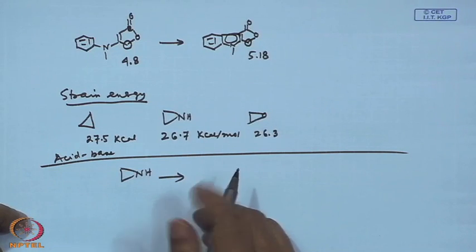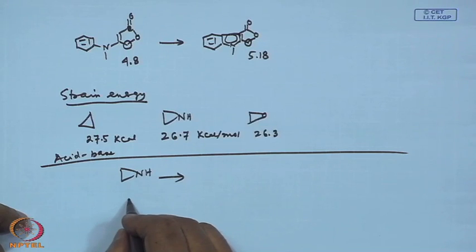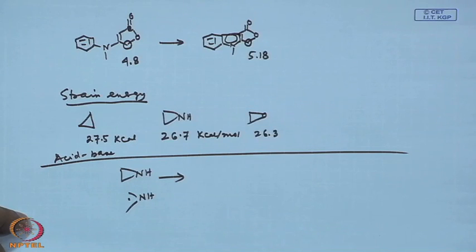Compared to dimethylamine, is it more basic or less basic? Aziridine is cyclic.